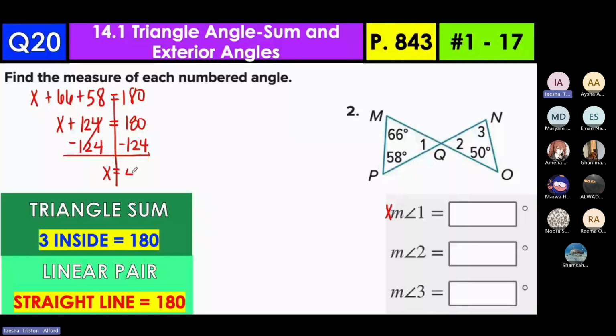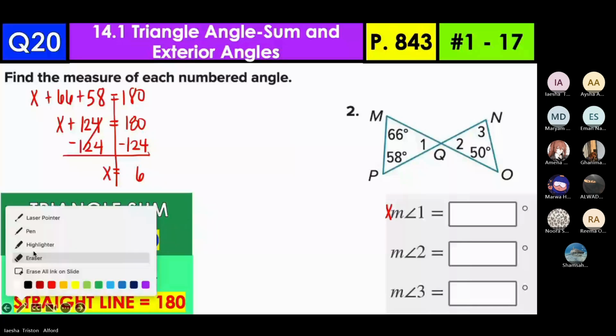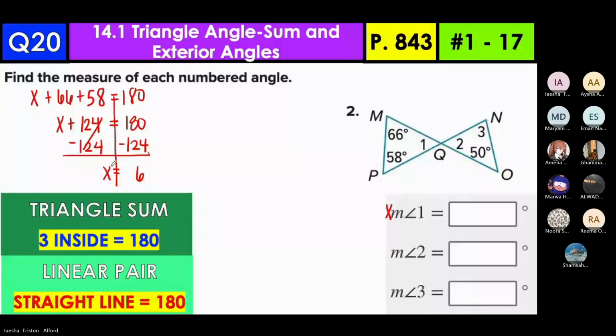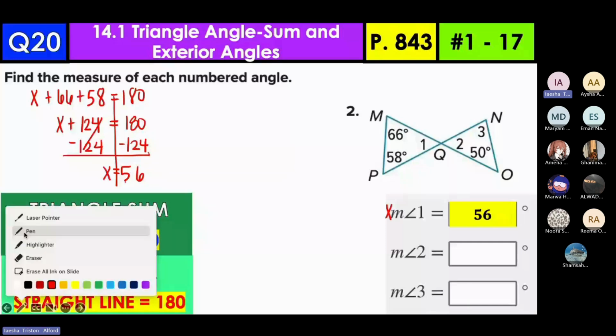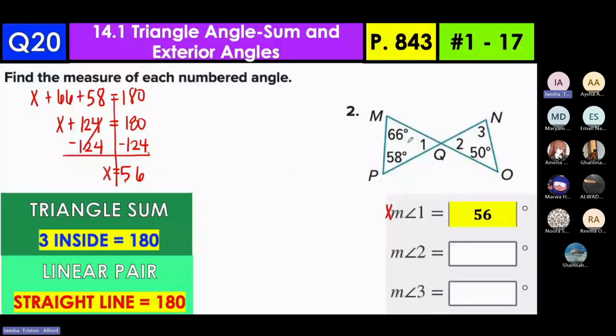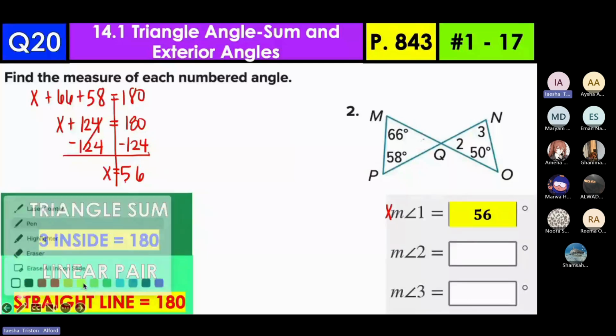X is 56. You said 46 or 56? 56, sorry. So 56. I'm going to go to my picture and change the 1. So I'm going to delete this and I'm going to write 56.